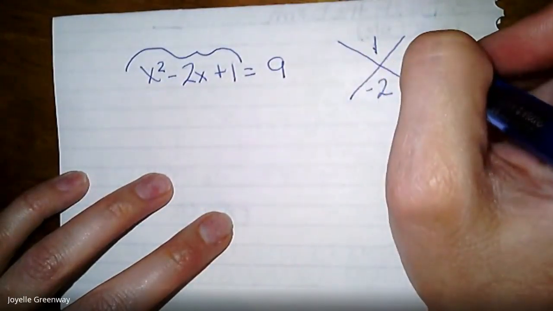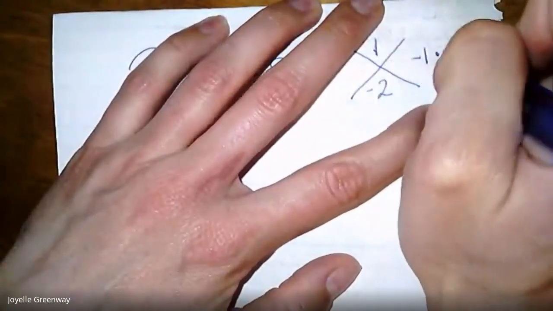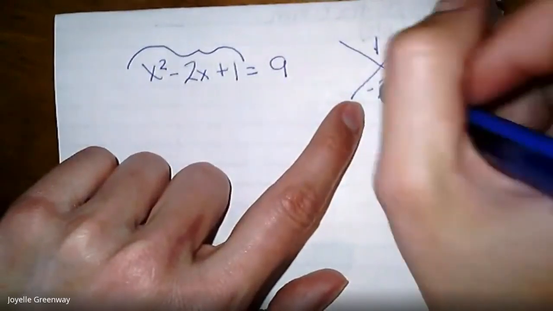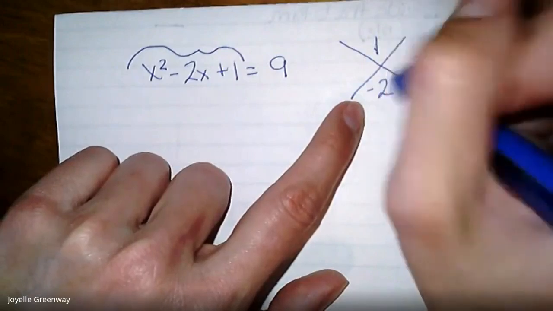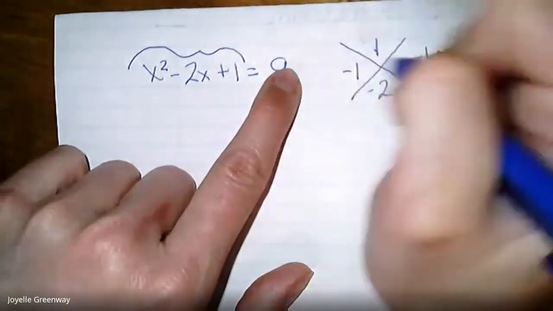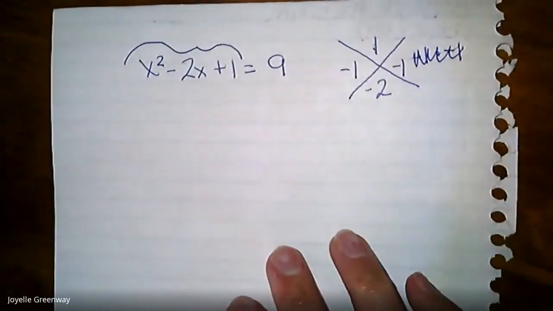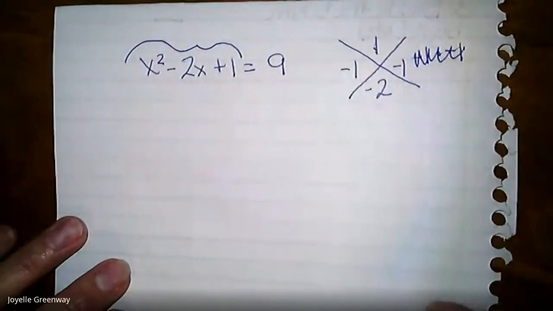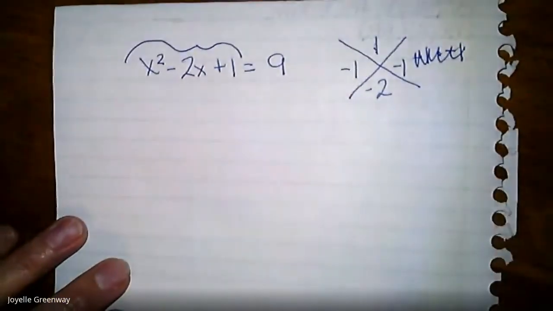Well, since 2 is negative, I know both of my factor terms need to be a -1. So -1 times -1 is +1, and -1 plus -1 is -2. So that is what I write there. Okay? So I'm just factoring this trinomial the way that we learned last class. And I'm showing you why in a second.